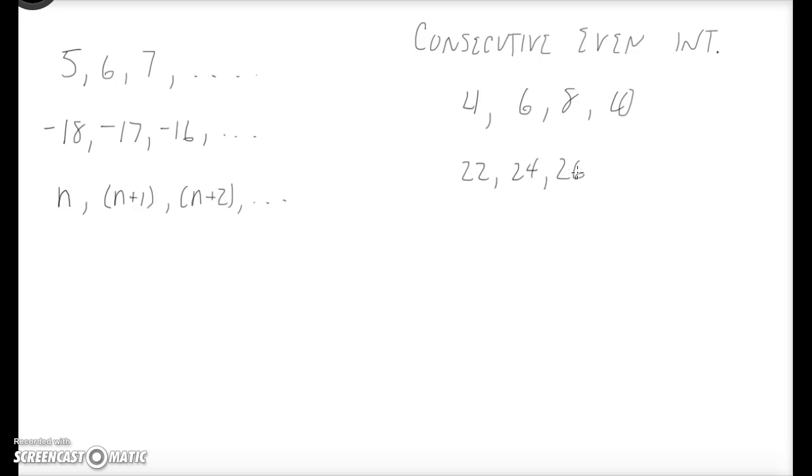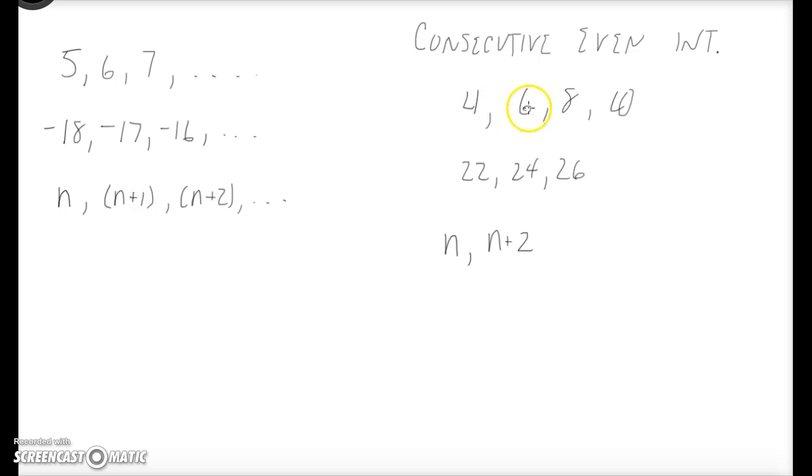Okay, those are consecutive even integers. So you're going to start at an even integer and you're going to go on to the next one. And so we can represent those algebraically with n being our first even integer. To get to the next even integer, we do n plus 2.